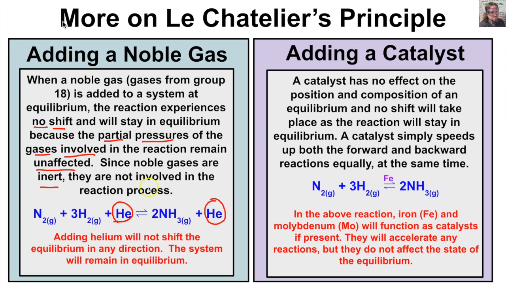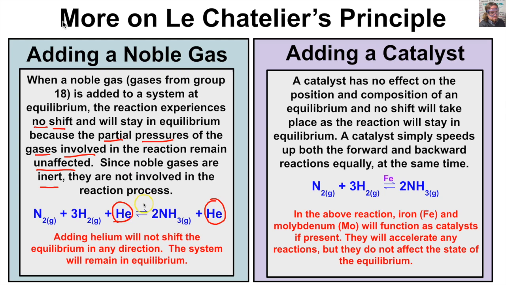So you might think that if we add helium to this reaction, that's going to affect the total pressure of this system, but that's not the case. It does affect the total pressure, but it does not affect the partial pressures of these gases. The partial pressures are going to remain the same. Therefore, the chemical reaction here is going to remain in equilibrium and no shift will take place.